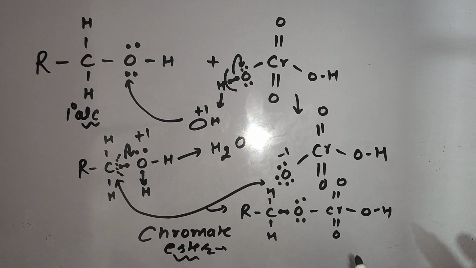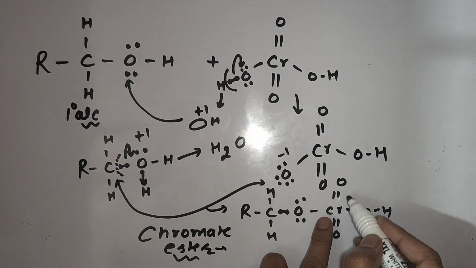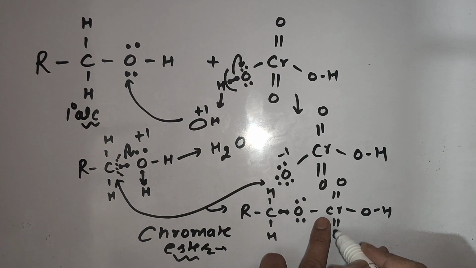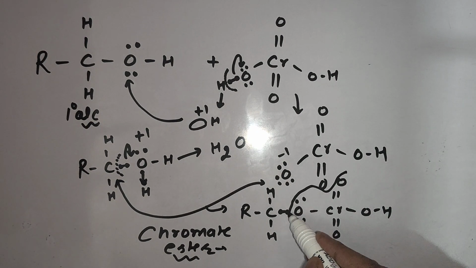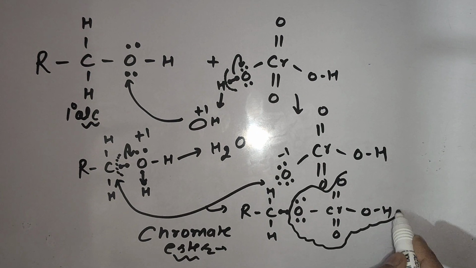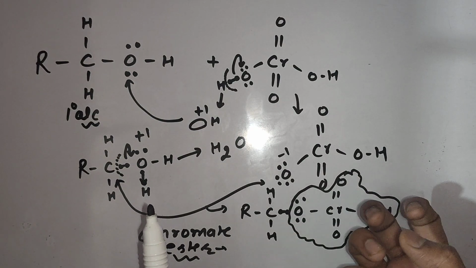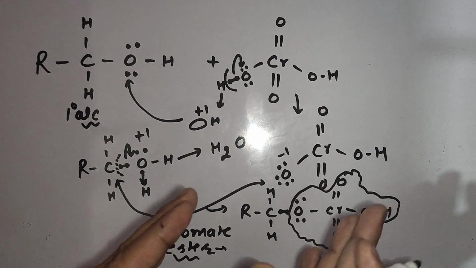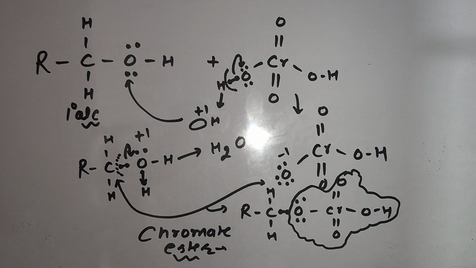Now, in this chromate ester, you can check around chromium: oxygen, oxygen, oxygen, and this side also oxygen is there. So this whole group is becoming a strong electron attracting group. Same as in the case of KMnO4 we have manganate ester, here we have chromate ester.